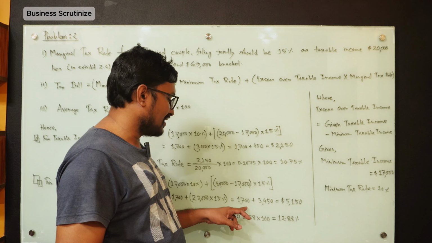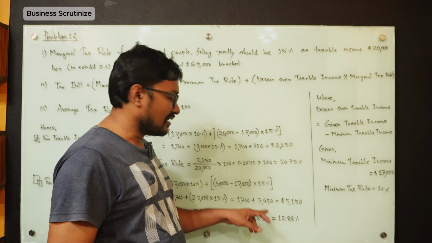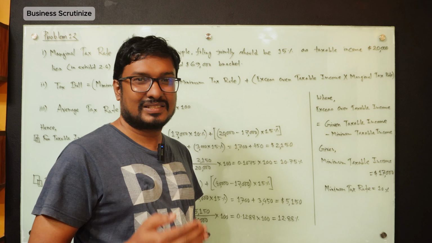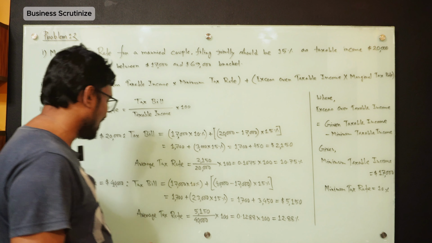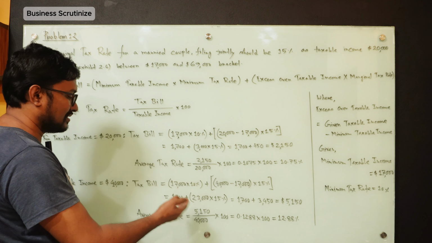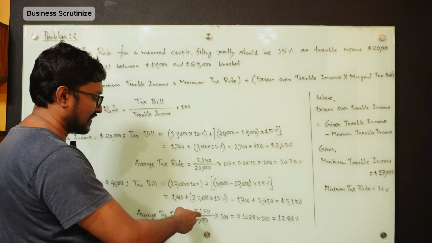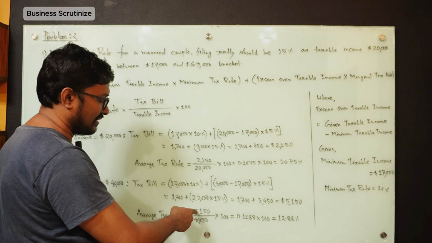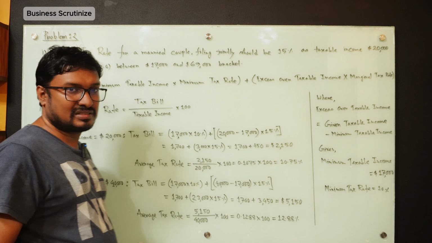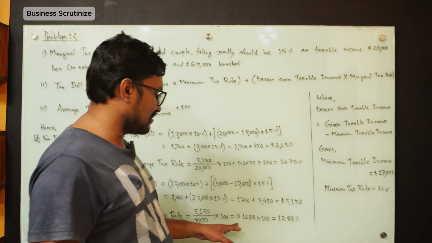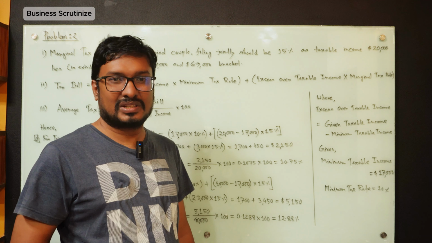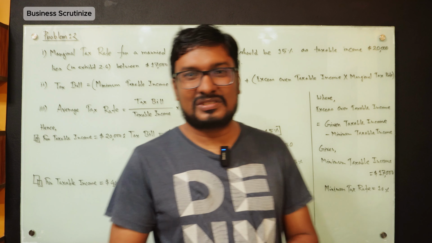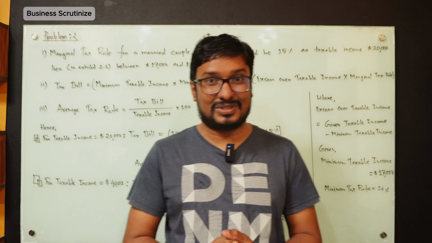So 1,700 plus 3,450, and finally we have 5,150 as the total tax bill. Now to get the average tax rate, we just put the inputs into the equation: the total tax bill of 5,150 divided by 40,000 as taxable income, times 100. It is 0.1288, meaning 12.88%. This is the average tax rate when taxable income is 40,000.